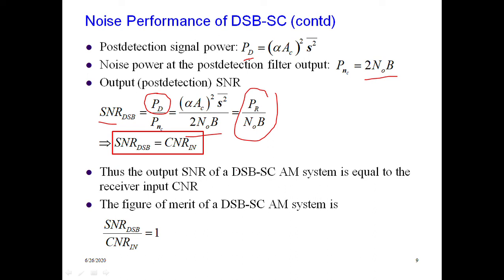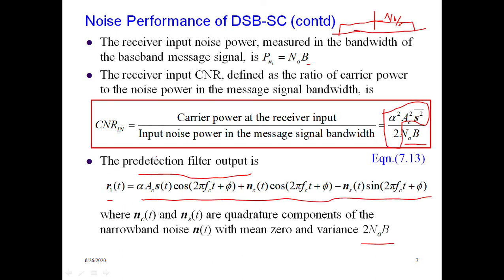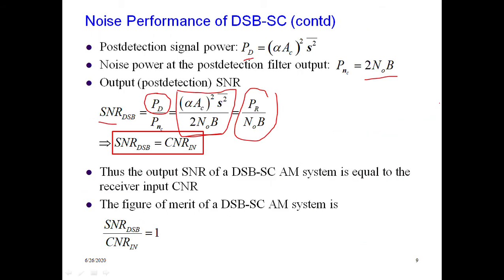This equation is the same as the CNR. So we can conclude that the SNR for the DSB and the CNR is equivalent, and the figure of merit of both SNR and CNR is equivalent to 1 for DSB-SC.